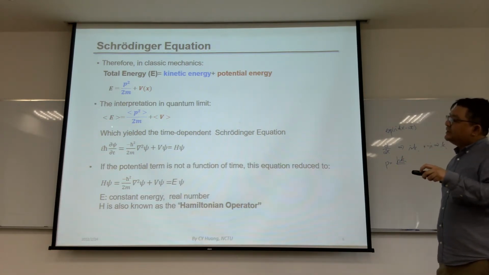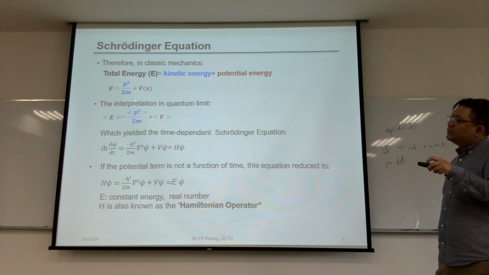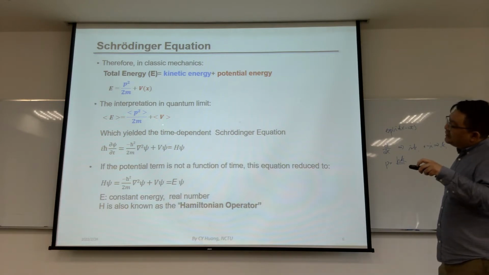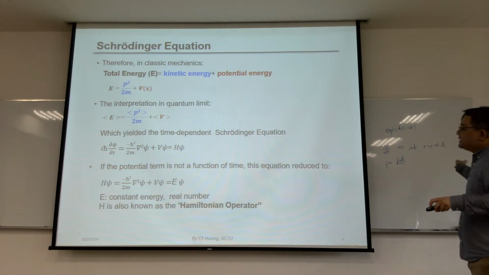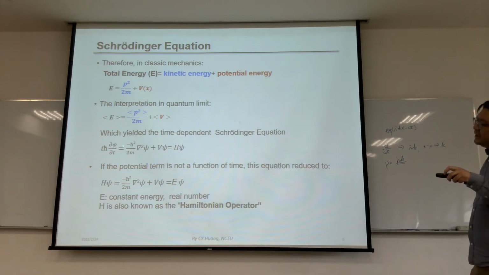So it will be the expectation of energy equal to the expectation of kinetic energy plus the expectation of its potential. Then the operator of energy is i h bar partial over partial t. The operator of p is minus i h bar times the derivative, so applying it twice will be minus h bar squared times the Laplacian.